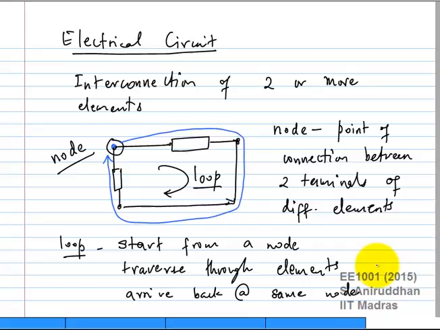So in the initial circuit that I drew, when I did not have this connection, that did not have a loop. It had one node but no loops. Once I have made this connection with an ideal wire, how many nodes does it have? It has two nodes, and one loop.